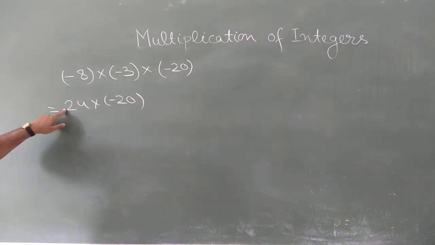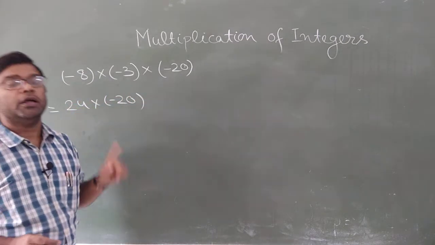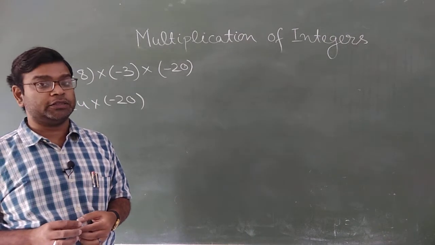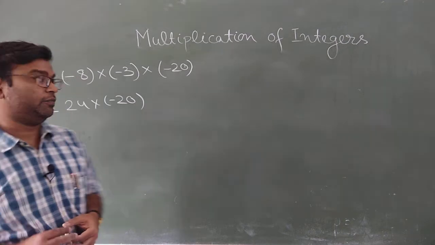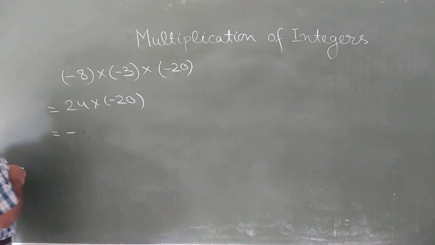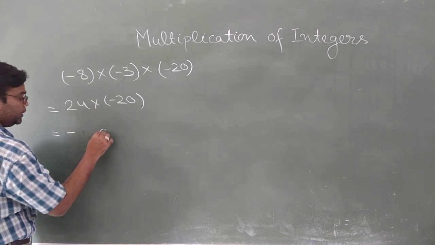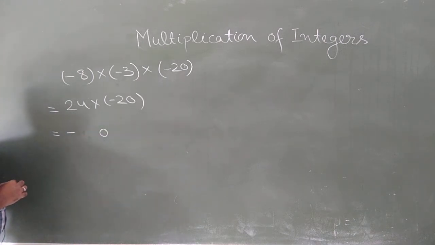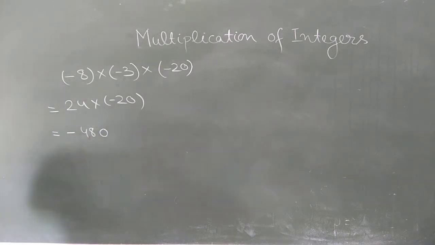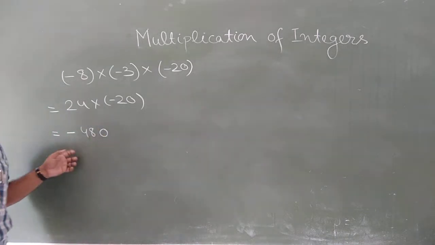Now this one is positive, this one is negative. What I told you, that if two integers of different signs are multiplied by each other, then the answer must be negative. So in this case, first we write down the negative. Now 24 into 20: 0, then 2 into 4 is 8, 2 into 2 is 4, 40 plus 8 is 48, minus 480. This is your solution. Hope this one is clear to you.